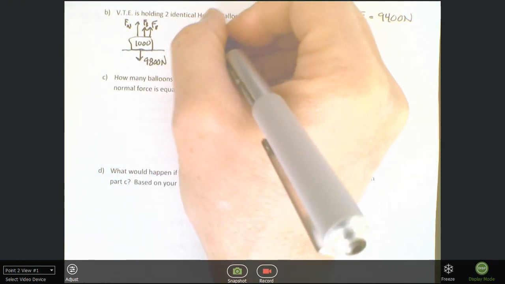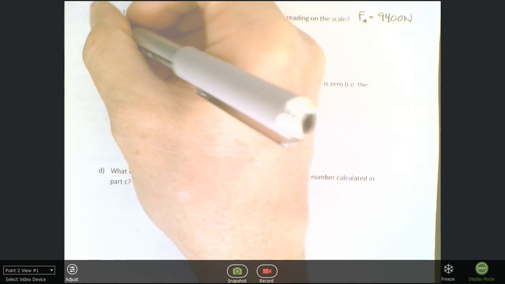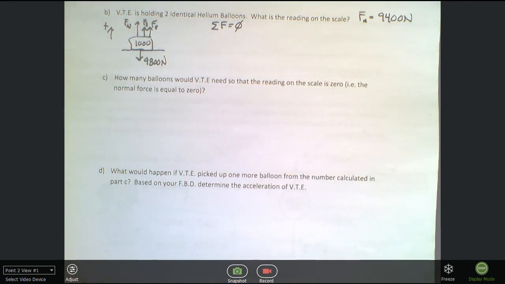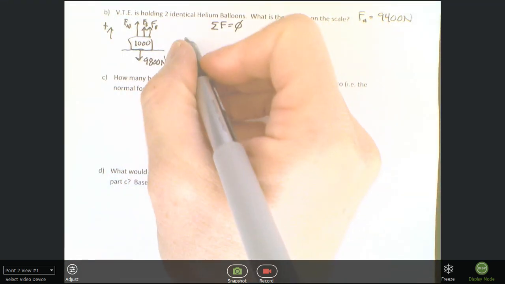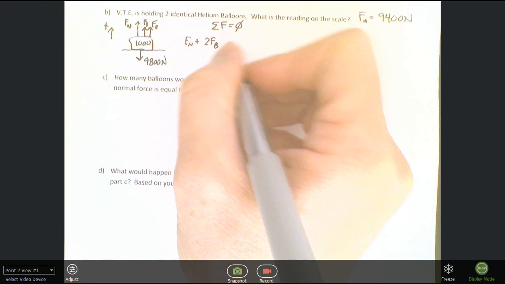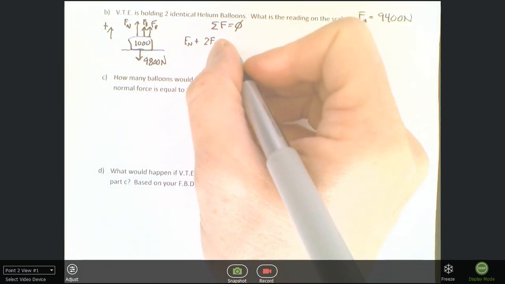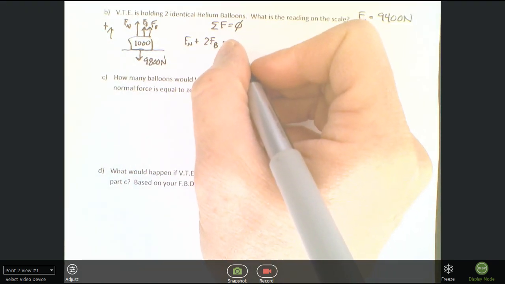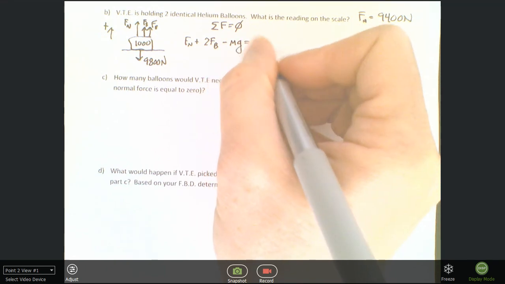The net force is still 0. We'll pick upwards to be our positive direction. And you would then say, well, okay, the normal force plus 2 times the force of the balloon, because there's 2 of them, it's just faster to write that, less the weight equals 0.